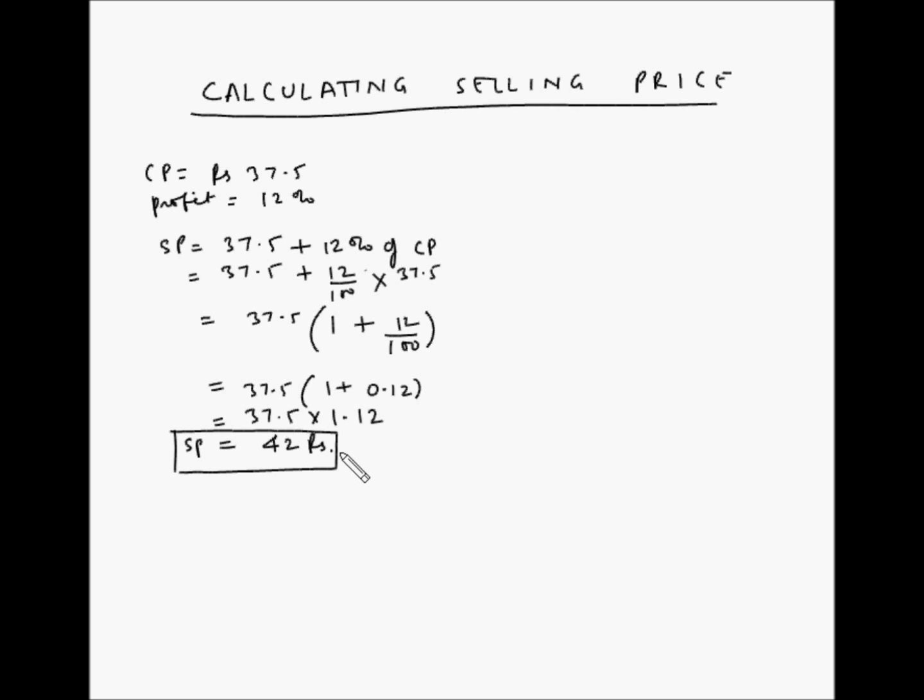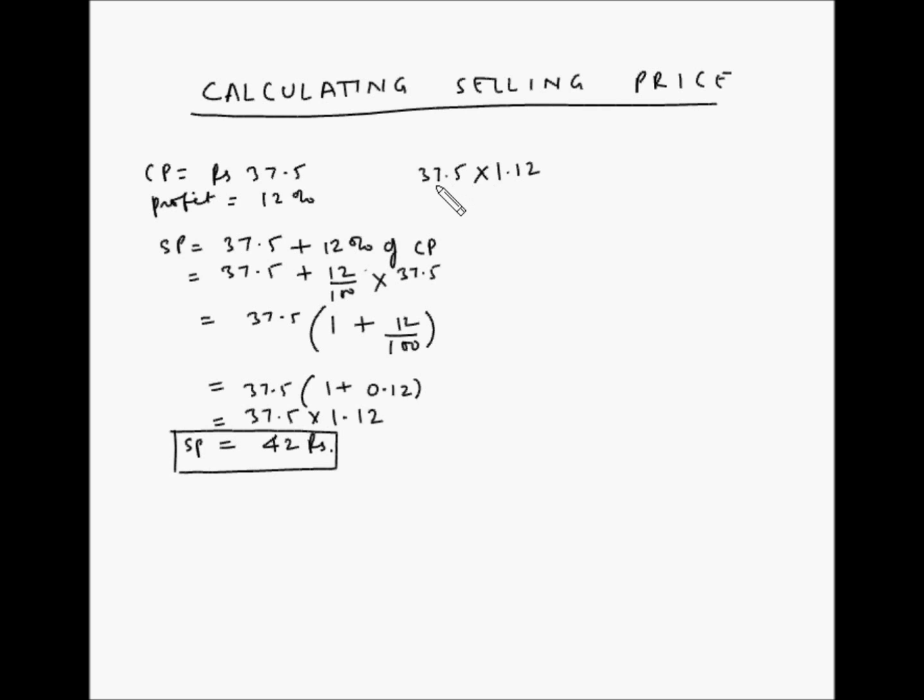Now a very quick way of calculating this, if you have a calculator in front of you and you know that the cost price is 37.5 and you want to make a profit of 12% on it, then what you do is you take 37.5 and multiply it by 1.12.